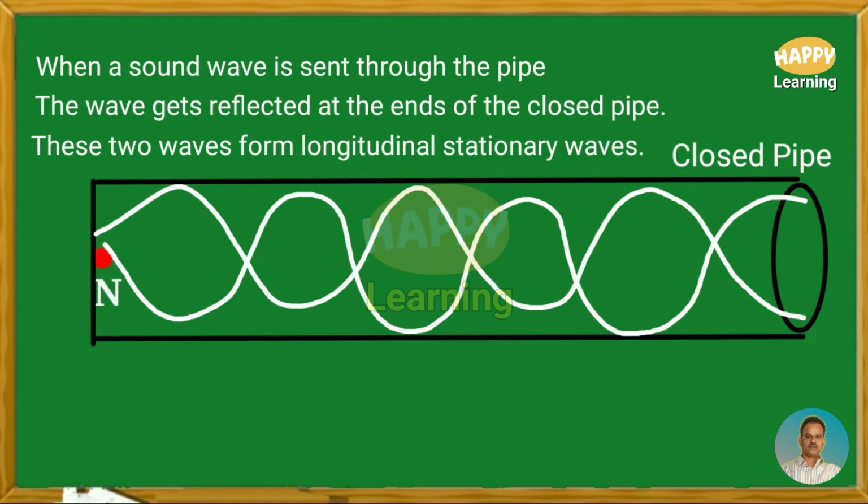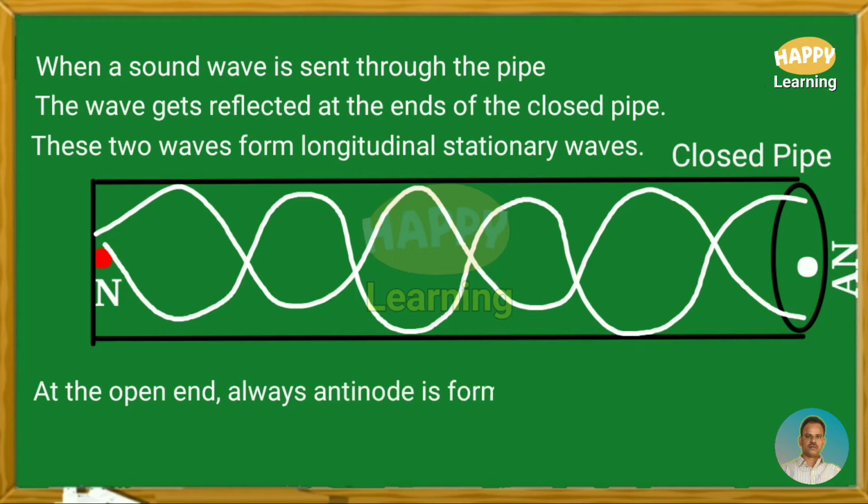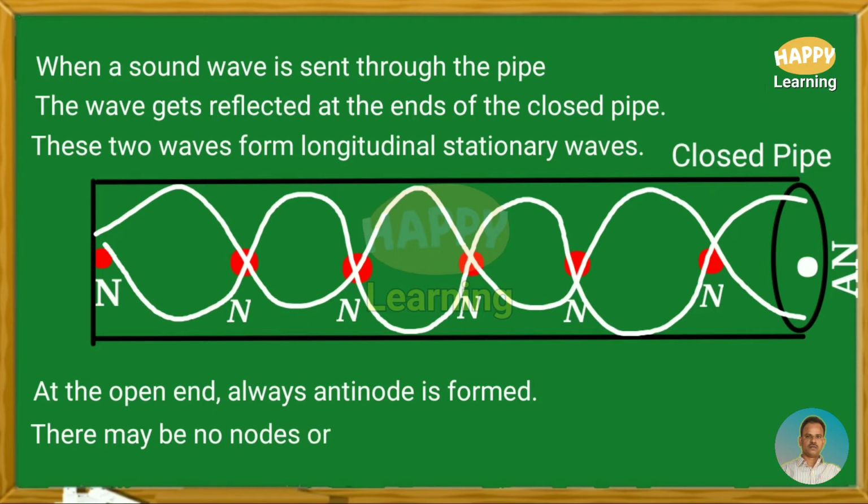This is a node and this point is an antinode. At the open end, an antinode is always formed. Look at these points. These are the nodes. There may be no nodes or sometimes a few nodes in between in the closed tube.